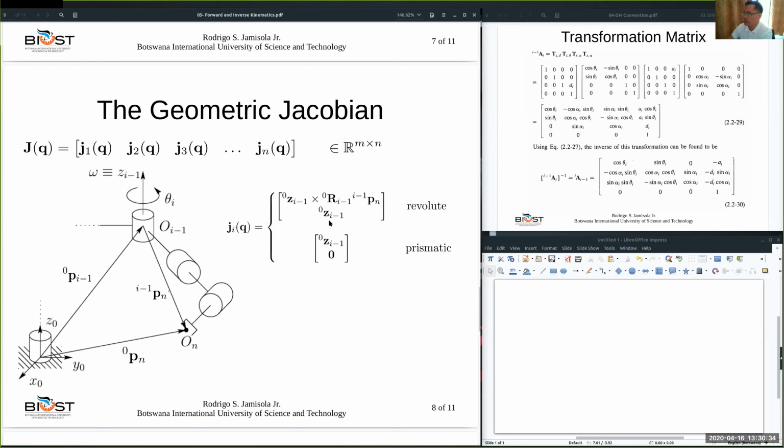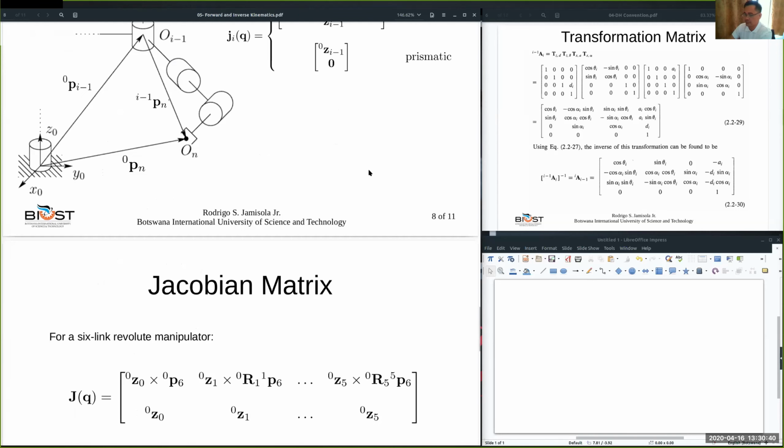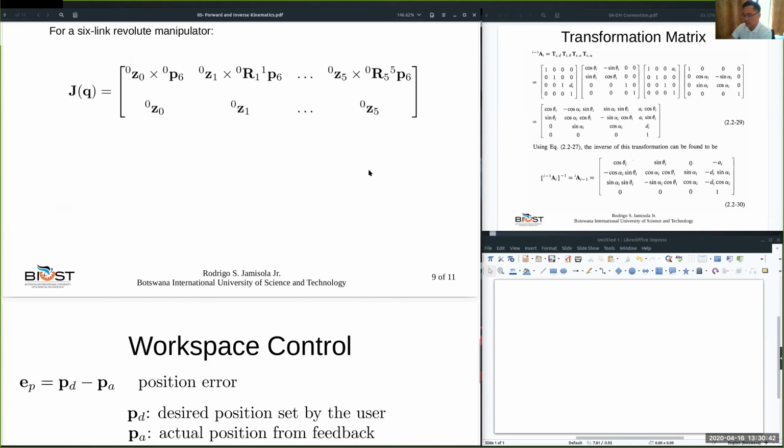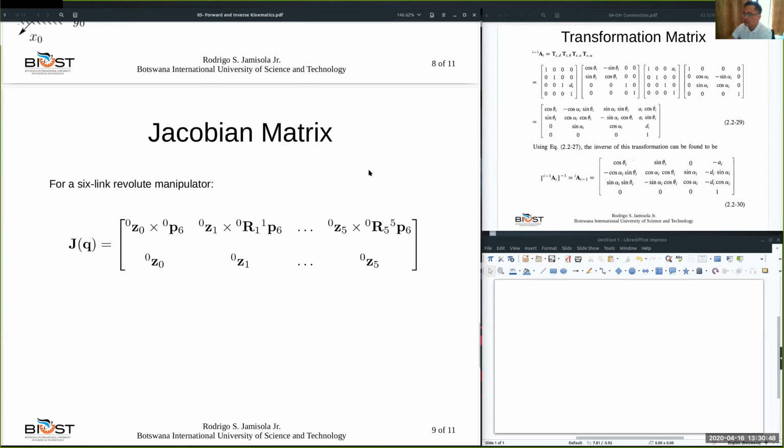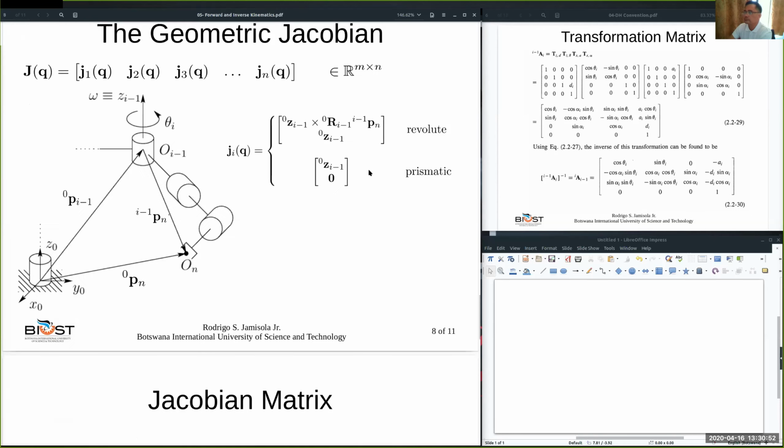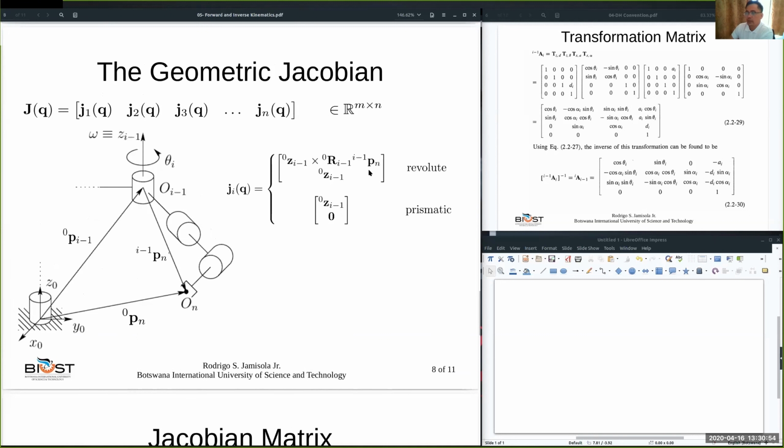We can get all these values from the transformation matrix, okay? So where in the transformation matrix? This is our transformation matrix, okay? But before we do that, we can get this from the transformation matrix. So if this is your transformation matrix, let me do the annotation.